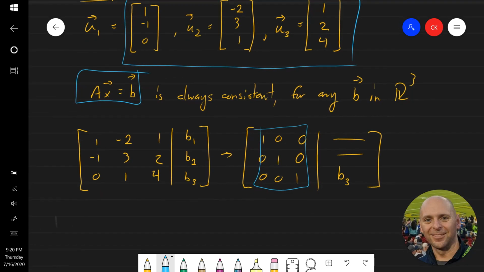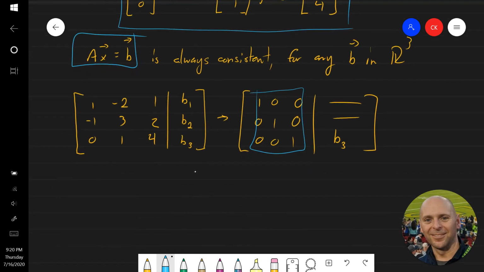And what we see happening when we solve for the range is that the last statement here says that this is essentially always consistent, and therefore this would span all of R3. Since we initially showed that the row reduction process produces the identity matrix on the left-hand side of this matrix, it should be clear that as long as the three vectors are linearly independent, this will result in a system that is always consistent.